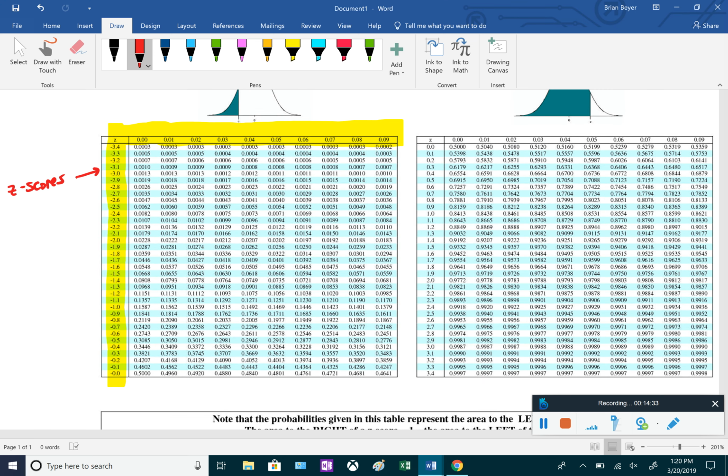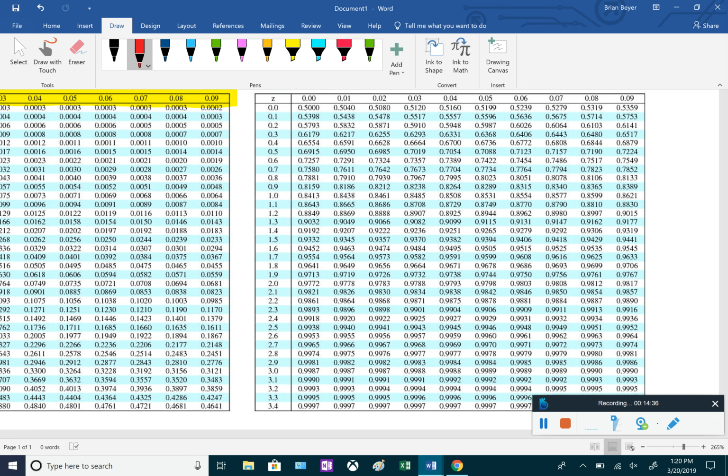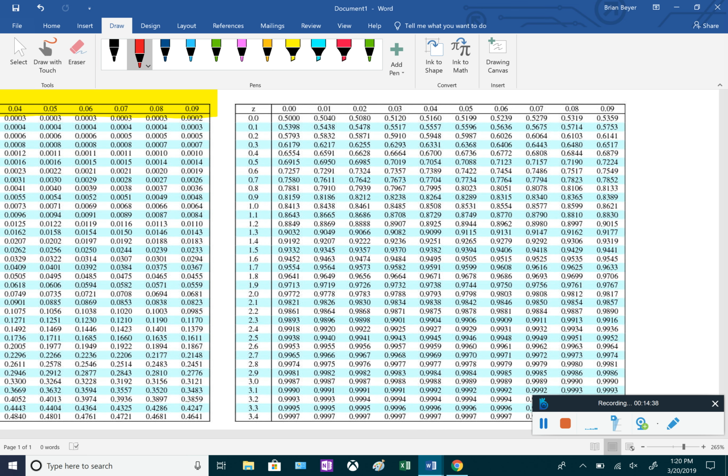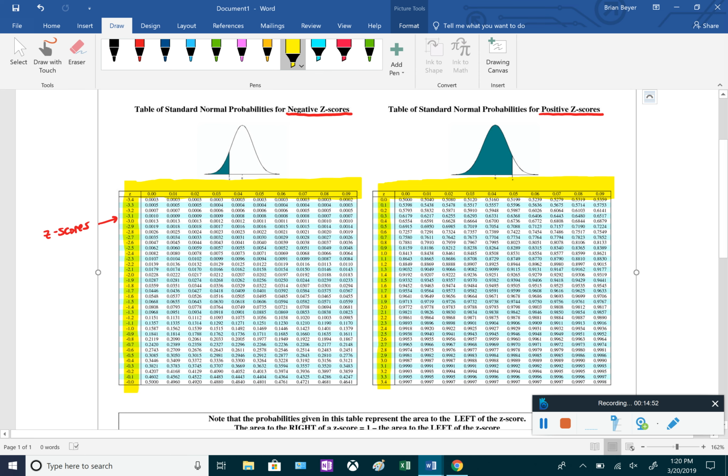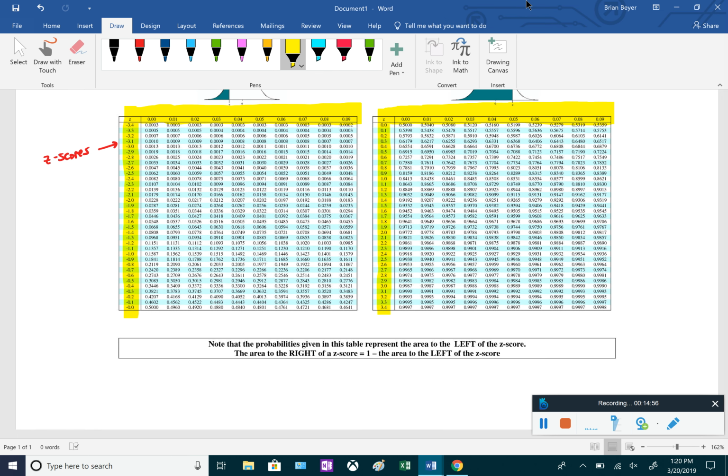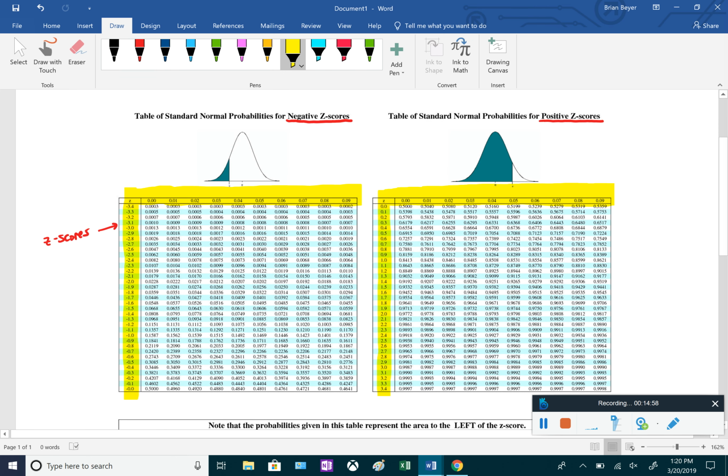Let's take a look at the one on the right. These are the positive z-scores, all positive values. The values inside the table represent the areas underneath the standard normal curve to the left of the z-score.